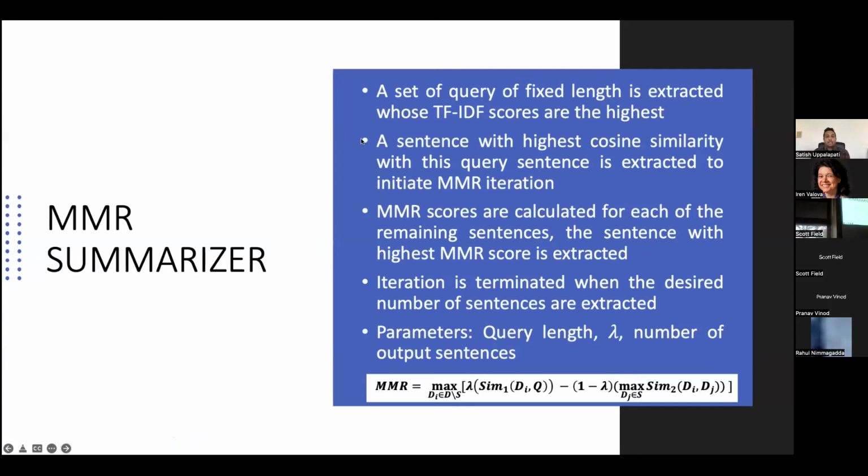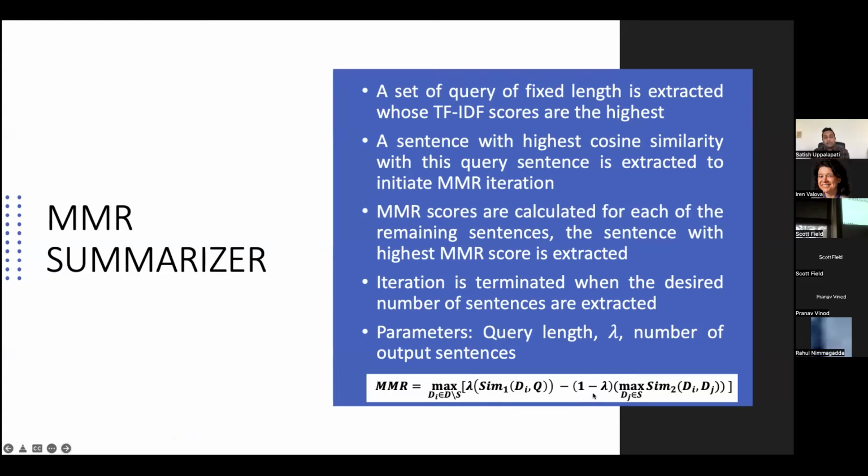Once the query is generated, the MMR iteration starts by selecting the sentence with the highest cosine similarity with the query and adds it to the summary. And at each iteration, the MMR scores of the remaining sentences are calculated based on this equation, and the sentence with the highest score is added to the summary.